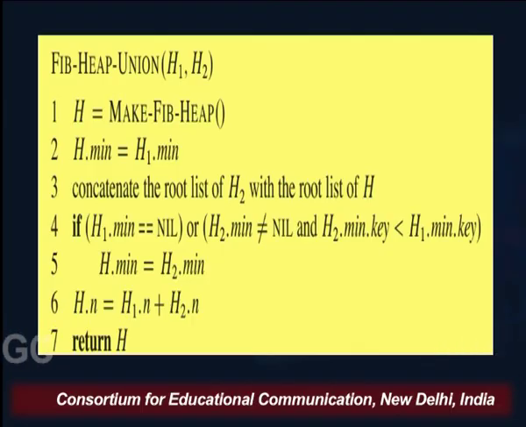Or we can say if this is not nil, or H2 dot min not equal to nil and H2 dot min dot key is less than H1 dot min dot key.